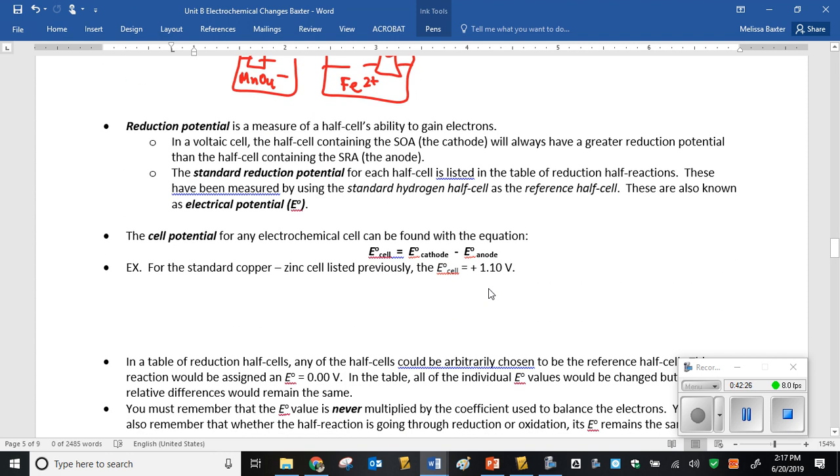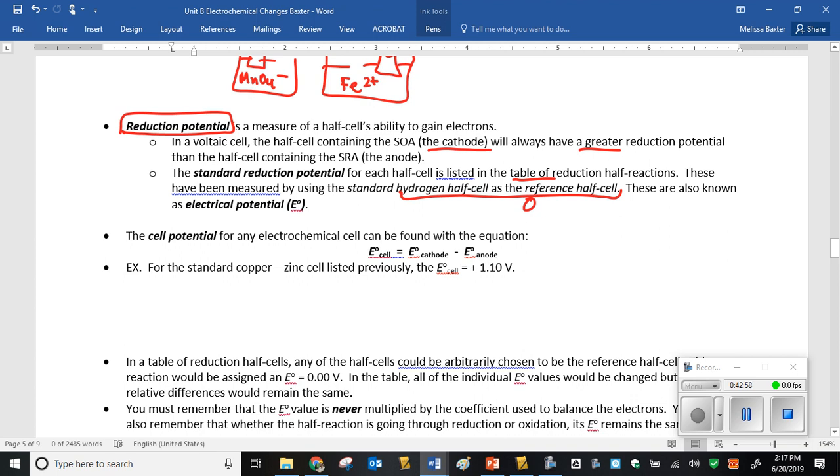Moving on, reduction potential. So those are the numbers in your data booklet where it says electrical potential measured in volts along the side. If you have a voltaic cell, the cathode will always have a greater potential. If we're looking for standard reduction potential, it's listed in your data booklet. And hydrogen was the reference cell, meaning it's the one that was given the 0.